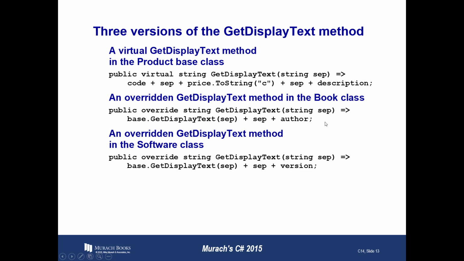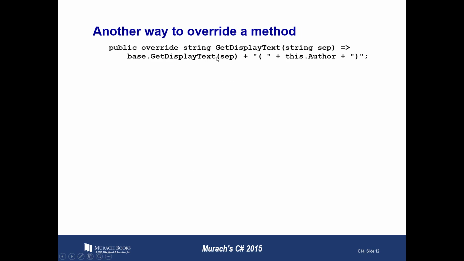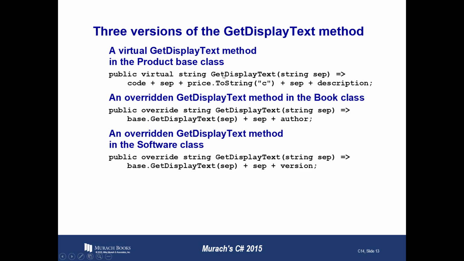All right. 3 versions of the GetDisplay method. A virtual GetDisplay method in the product class. All right, I think that's pretty much what we looked at here. But it's only got the code and the price and the description. Here, we're adding the author because we're overriding it.